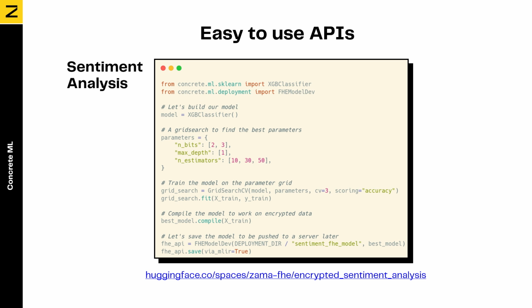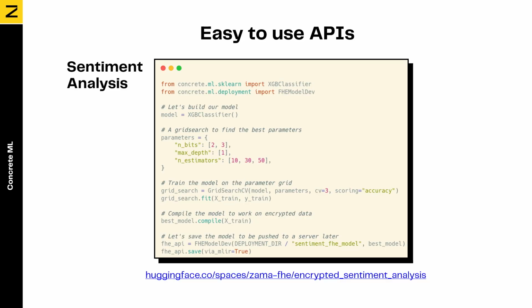So here we're looking at the classifier part, and what I would like to pinpoint here is the use of classical tools from scikit-learn to optimize the model, to have the best trade-off between accuracy and latency with FHE.